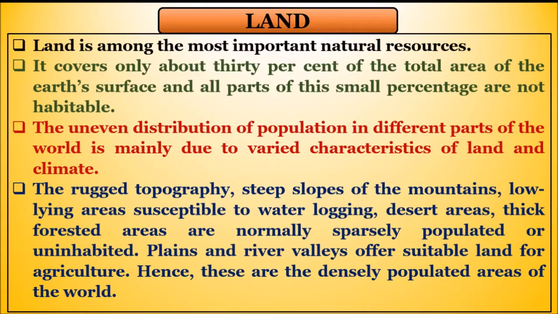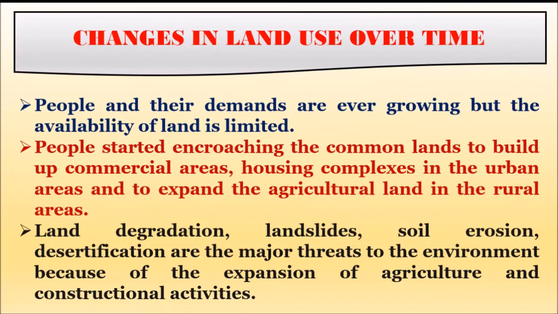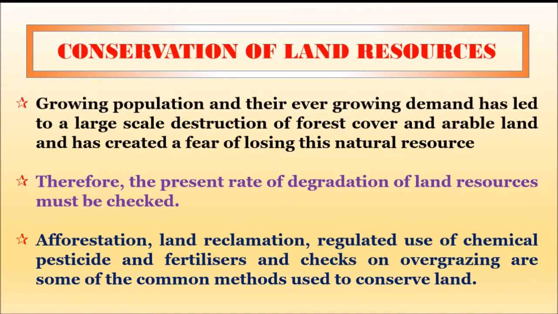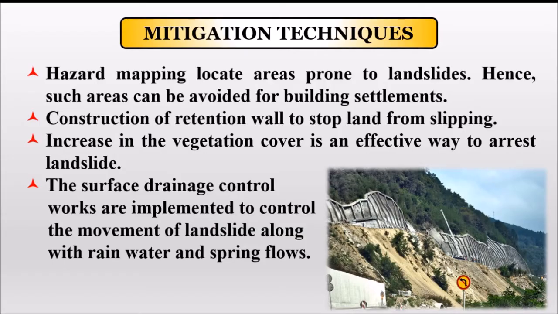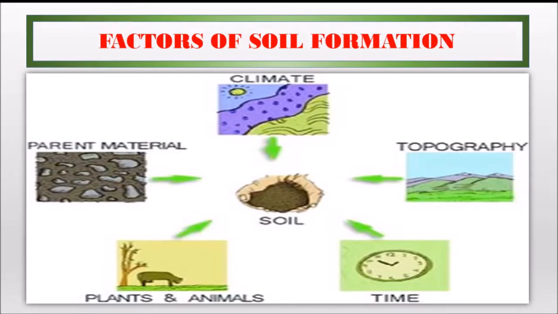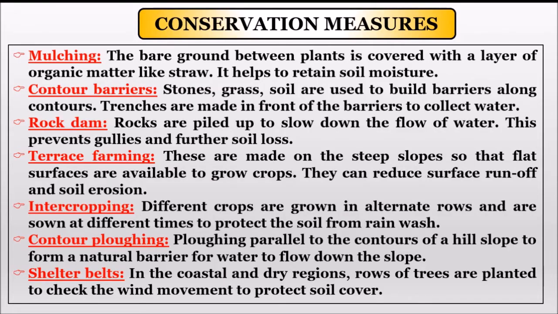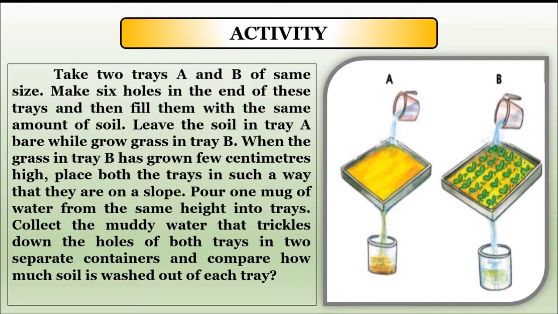First we spoke about land, the uses of land, common property resources, changes in land over time. These are the pictures representing conservation of land resources, landslides, mitigation techniques, soil, factors of soil formation, degradation of soil, conservation measures, and then pictures regarding conservation measures and the activity to do a practical thing to find out about soil.